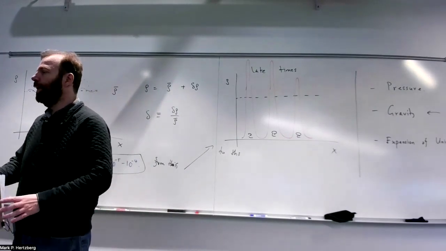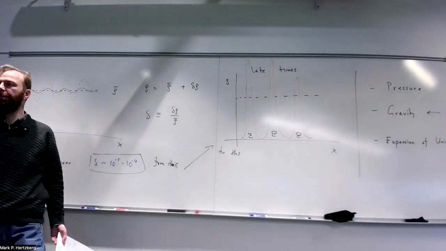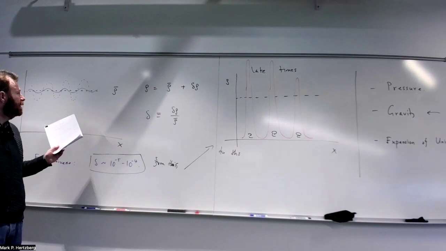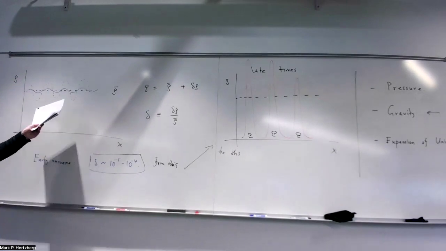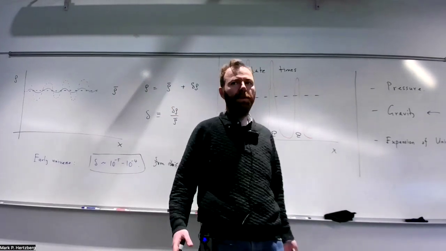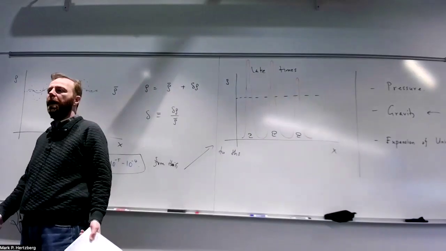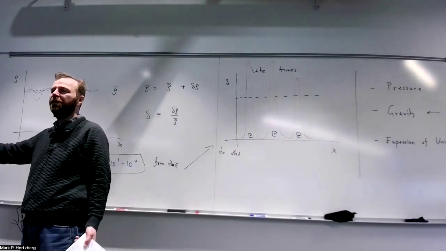Okay, so for example, 10 to the minus 5 we see very directly in the fluctuations in the CMB. Although we will mainly talk about matter for the next couple of lectures, it's a little bit easier to describe it for the baryons. The baryons are tightly coupled to the photons.